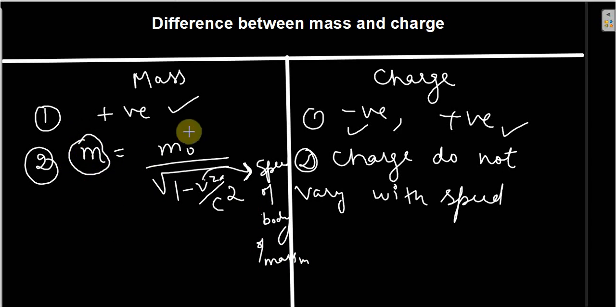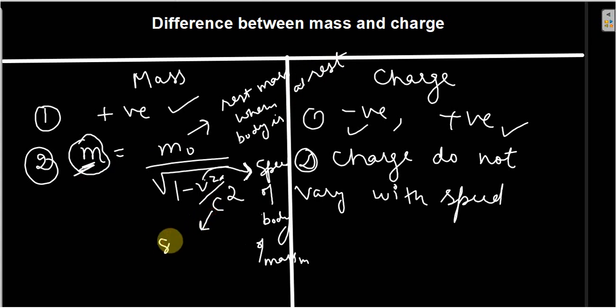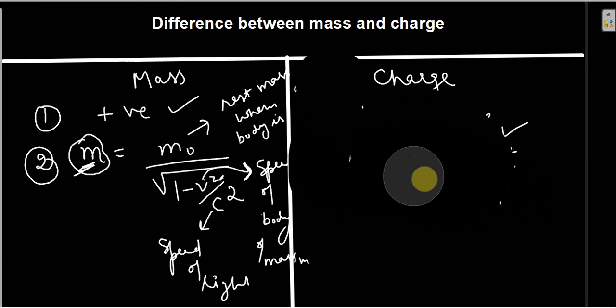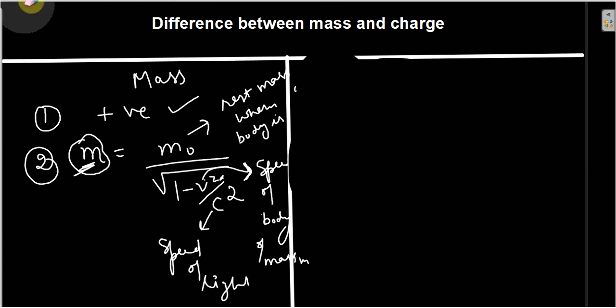M naught is the rest mass, the mass when the body is at rest. V is the speed of the body having mass m, and c is the speed of light. Now we will discuss how it affects; this is the most important relation.